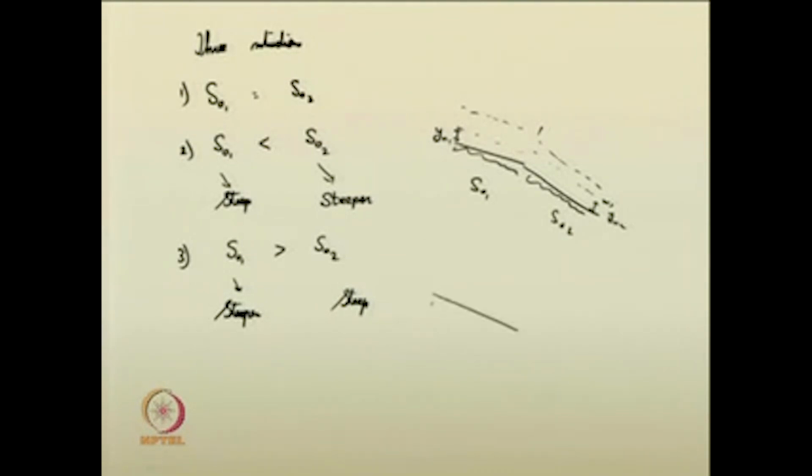In the next case S 01 greater than S 02, you have the critical depths like this, and the normal depth will be like this. This is normal depth y n 1, this is normal depth y n 2. So, how do the water surface profiles connect between y n 1 and y n 2? This also you can well imagine.